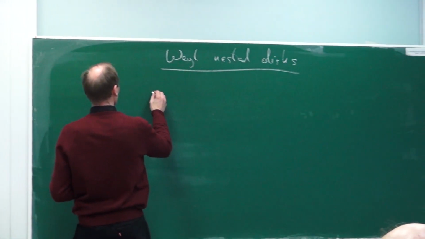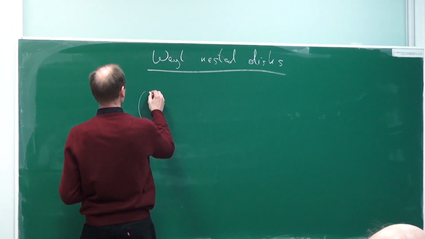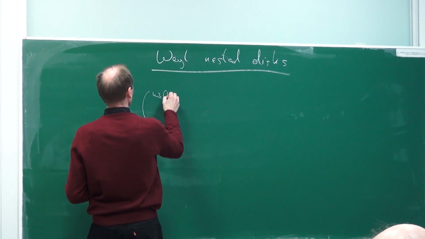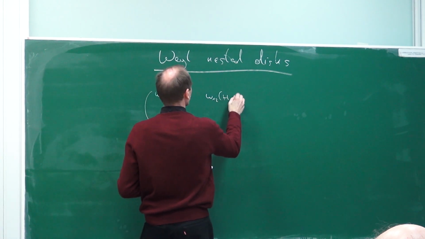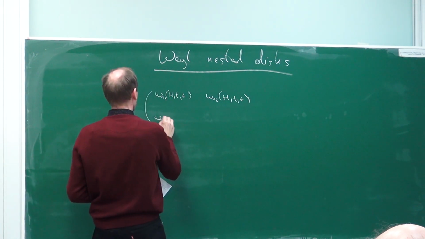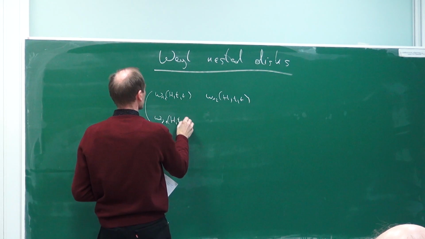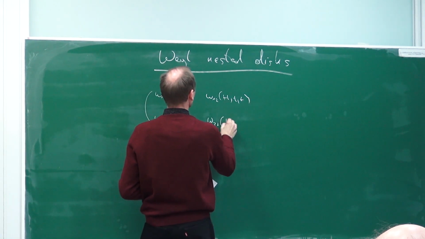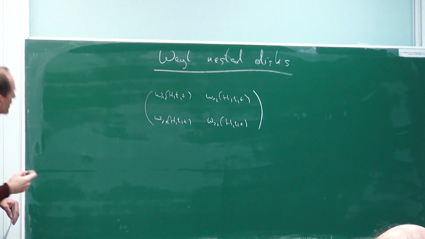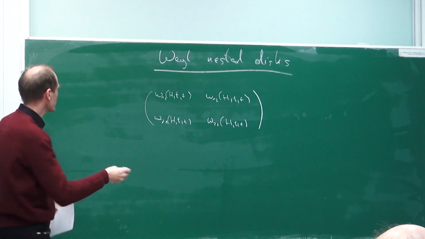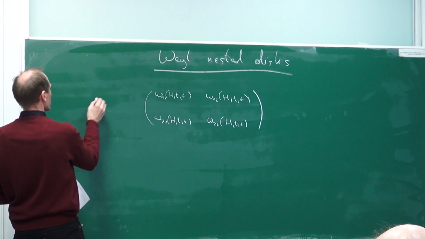So let me write the fundamental solution matrix in its entries. Let's say W1,1 of H, T and Z, W1,2 of H, T and Z, and W2,1 of H, T and Z, and W2,2 of H, T and Z. So that's my fundamental solution. And now, how do you make the fractional linear transformation?